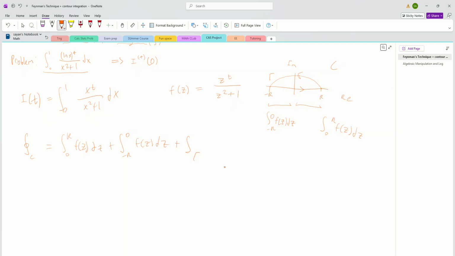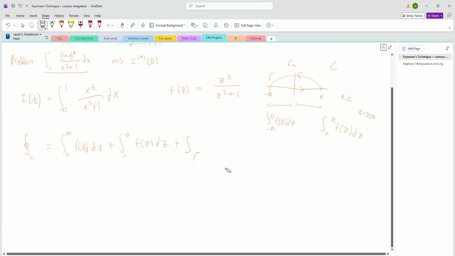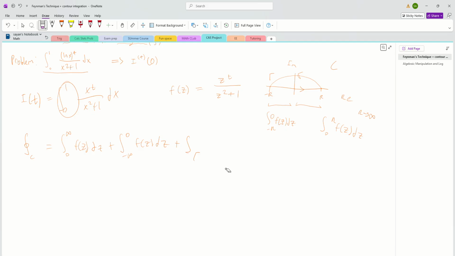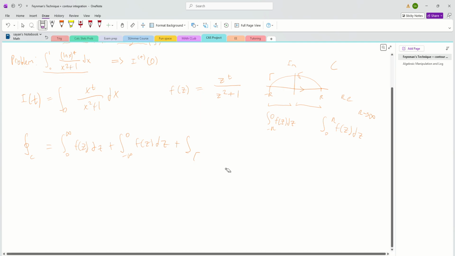So don't worry, I'm not just going to say it goes to 0. I'm going to show you why it goes to 0. But basically we want r to tend to infinity. So now if r is tending to infinity, this is really the integral from 0 to infinity, right? So I'm going to replace these with infinity, and that does not match what we have here. But don't worry about that. We'll deal with that later.